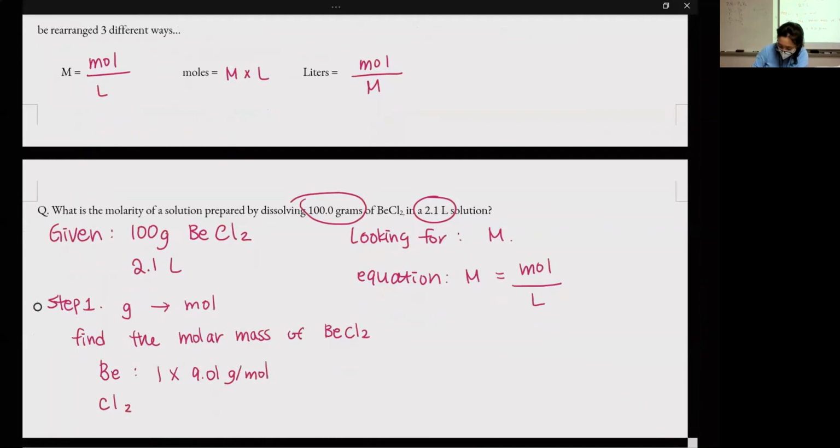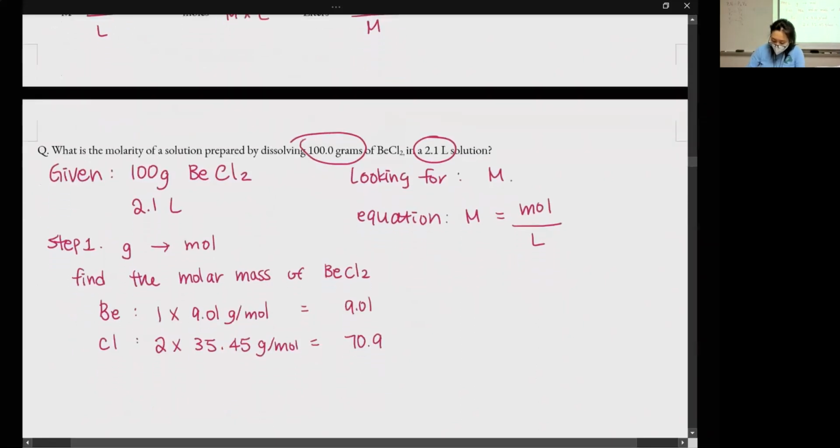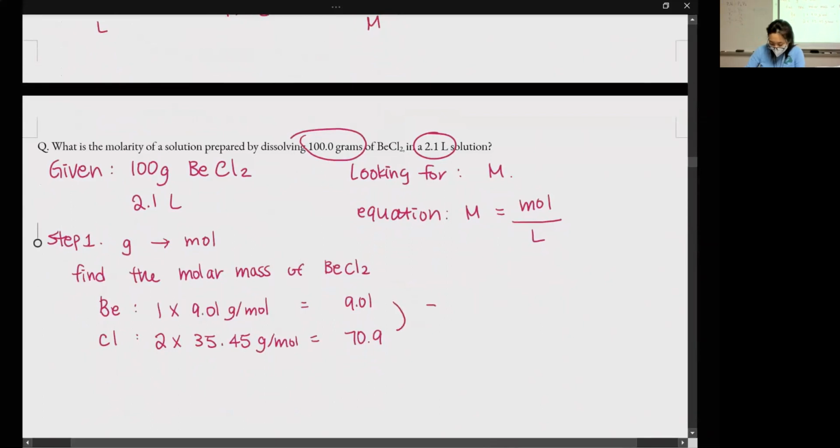Chlorine is 2. So 2 times 35.45 grams per mole. So it would be 9.01 and then 70.9. So if I add those two, these will be 79.91 grams per mole.